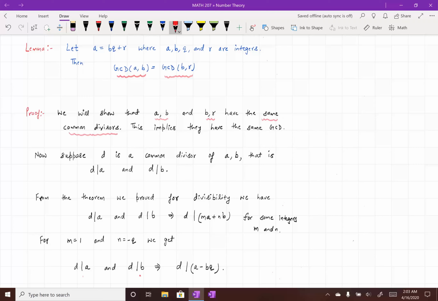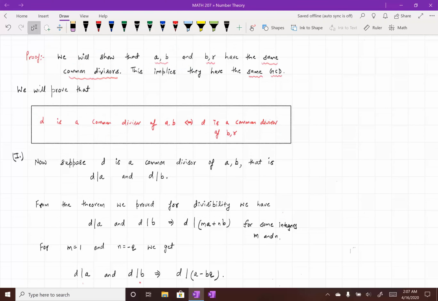Because if they have the same common divisors, then you can imply from there that they will have the same greatest common divisor. To prove that A, B and B, R have the same common divisors, we need to prove that D is a common divisor of A and B if and only if D is a common divisor of B and R.